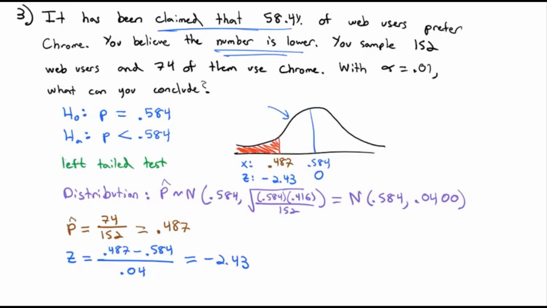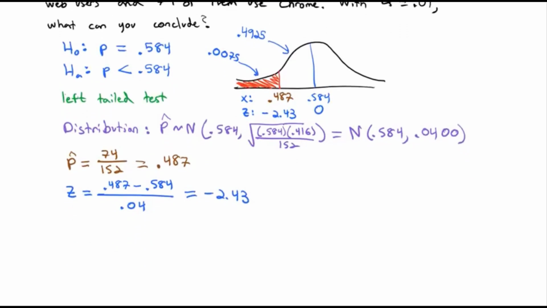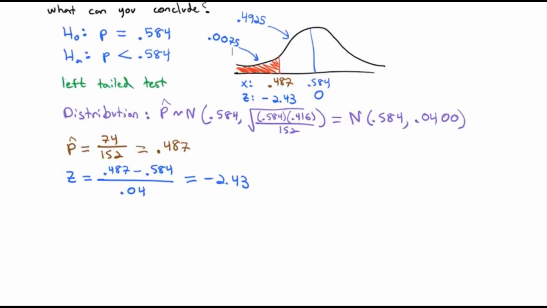But that's the area in between. We need the area in the tail, which is just 0.5 minus that, or 0.0075. This time we don't need to worry about the other side because it is a one-tailed test. So my p-value is just that shaded area, the 0.0075.